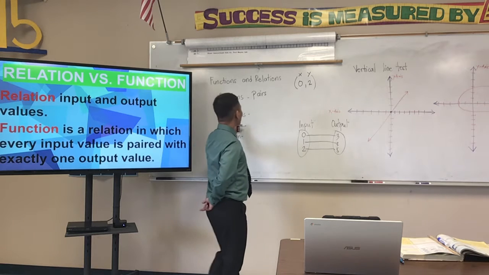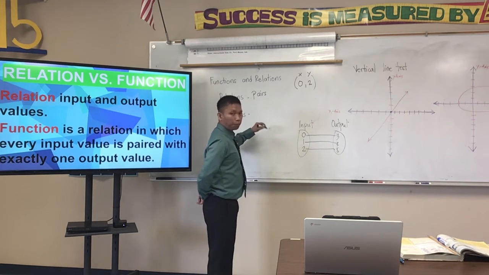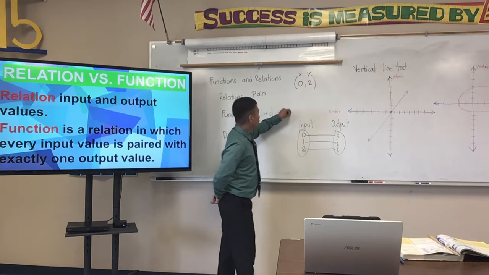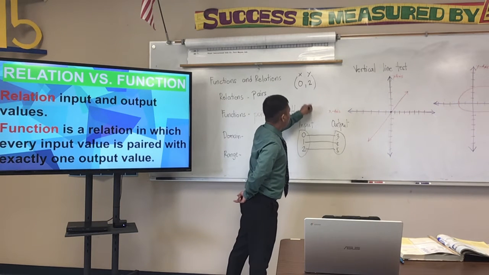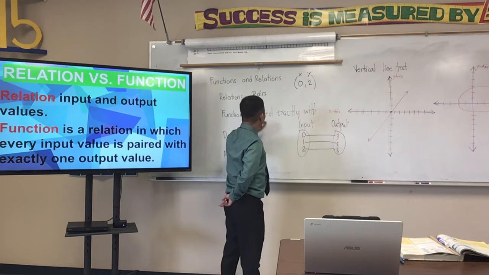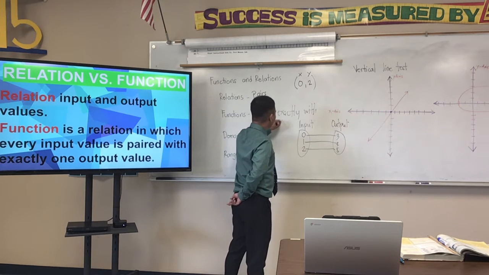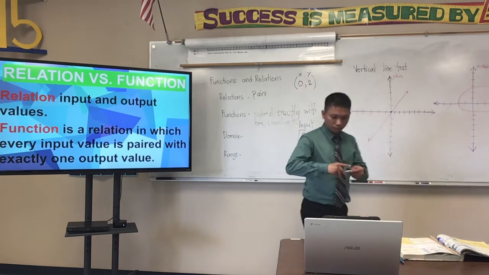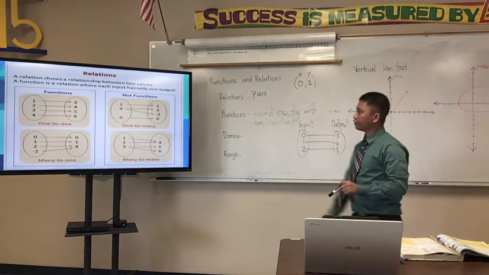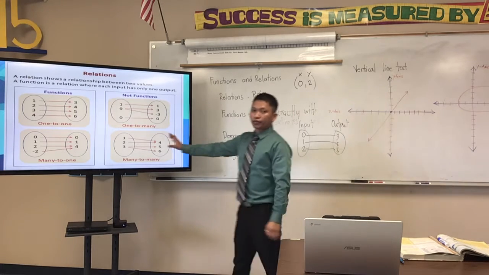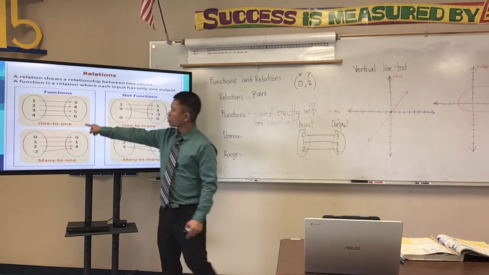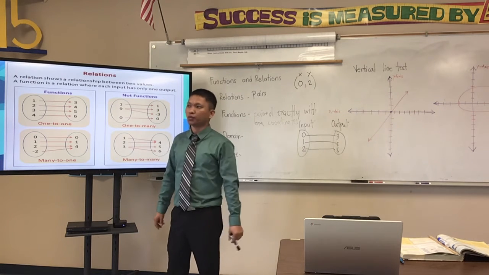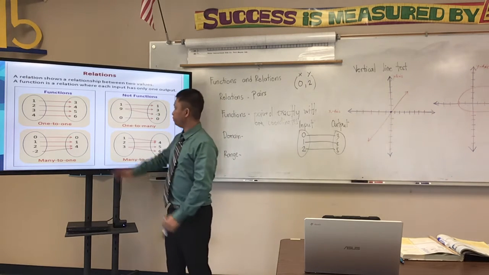So when we say function, it is paired exactly with one coordinate. Just like in this illustration, we have here the functions. We have one-to-one correspondence. Each input corresponds to one output.